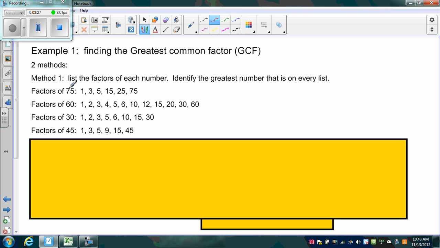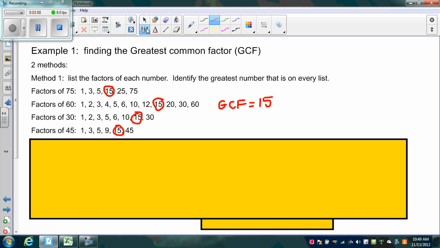So in this case, we list out all the factors of 75, all the factors of 60, all for 30, all for 45, and then we look for the greatest number they all have in common. So in this case, 25, nope. 15, yes, 15 shows up on all of them, and no greater number shows up on all of them. So our greatest common factor, or GCF, equals 15.